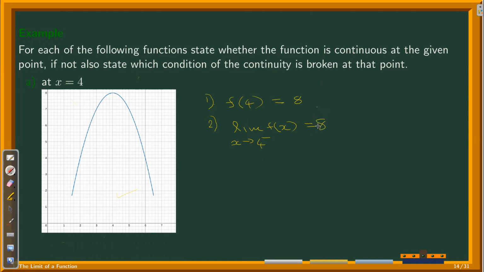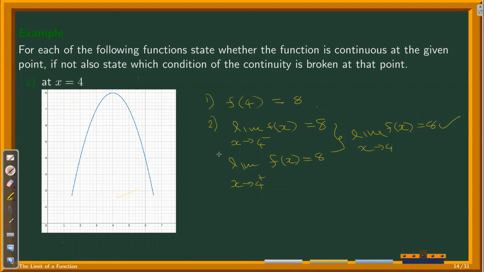Eight. The limit as x goes to 4 plus of f(x) is 8. Now these two are equal, no? So the limit as x goes to 4 of f(x) is 8, it is defined, no?